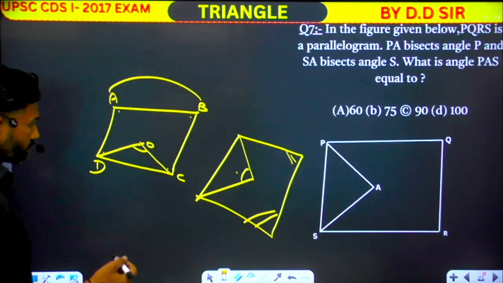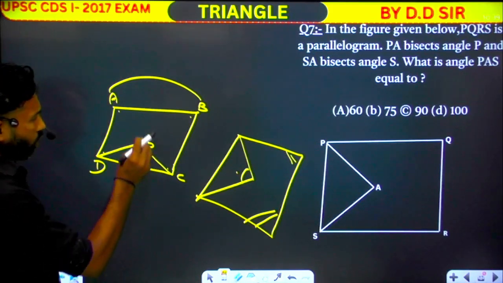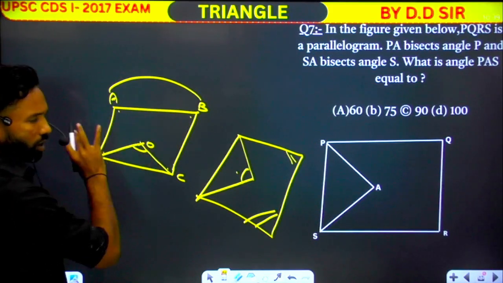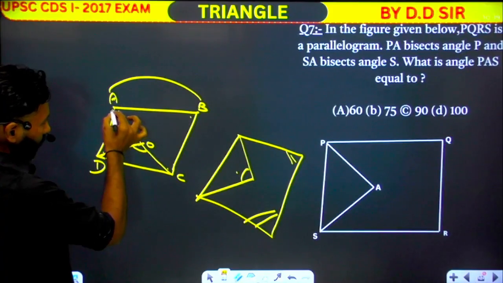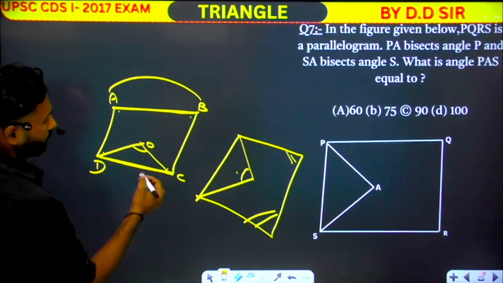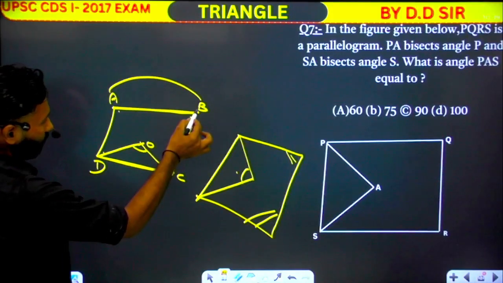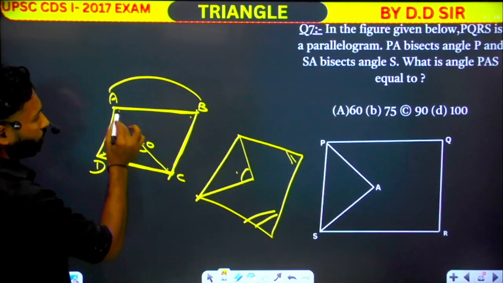As I told you, opposite sides in a parallelogram are parallel. Here AB is parallel to CD, so BC works as a transversal for both AB and CD.